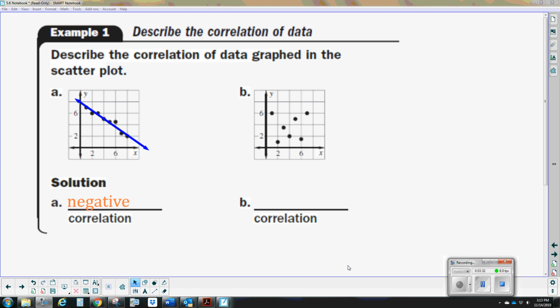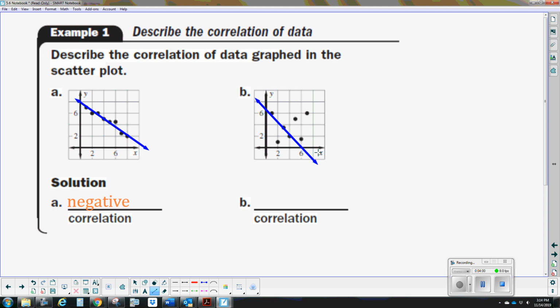Now, if I look at the second graph, graph B, my first coordinate, the y is pretty high, the x is low, but in my second point, my x is getting higher, but my y dropped way down. And then it goes up, and then it goes down, and then it goes up, and then it goes down. They're kind of all over the place. I could draw a line either way, and it would be just as close to all of the other points.